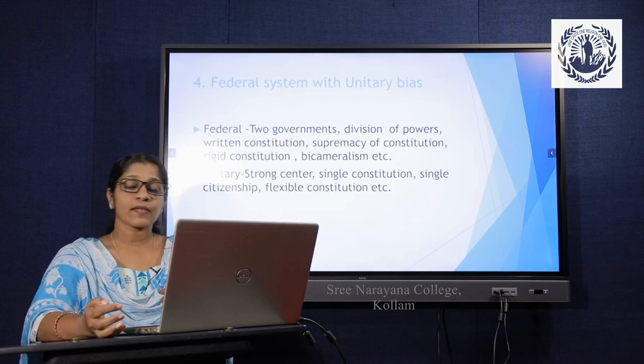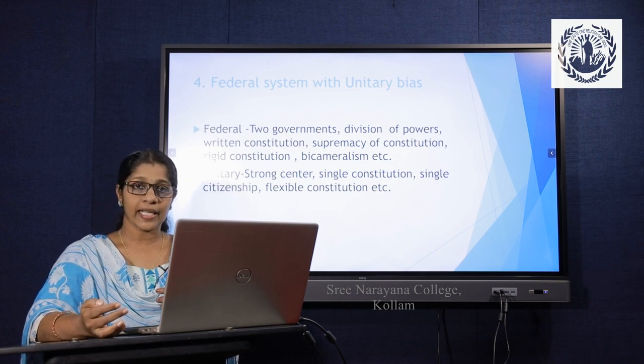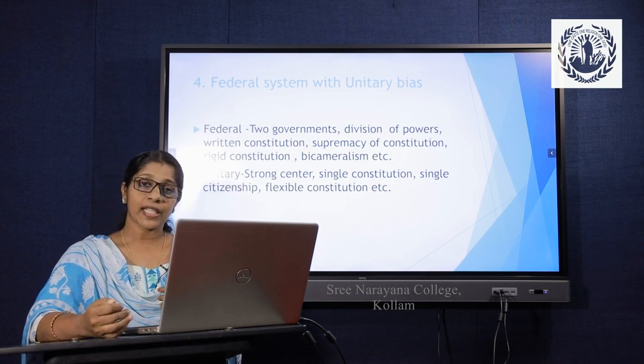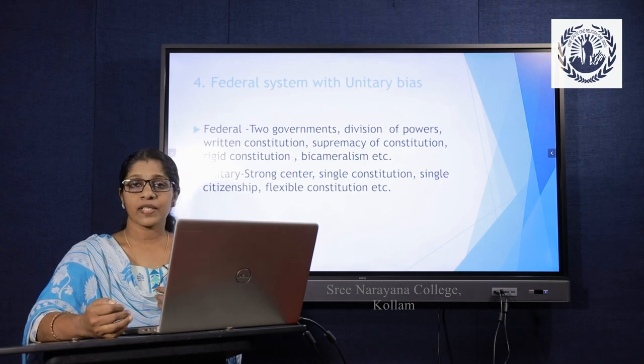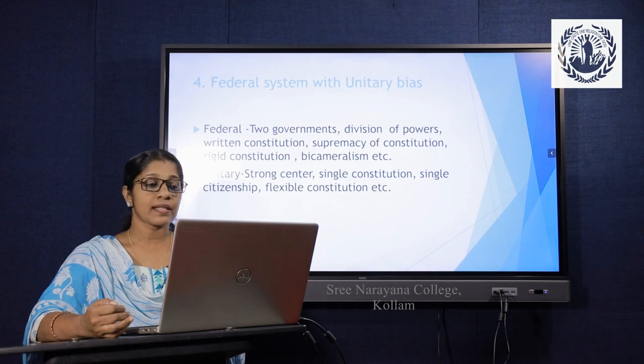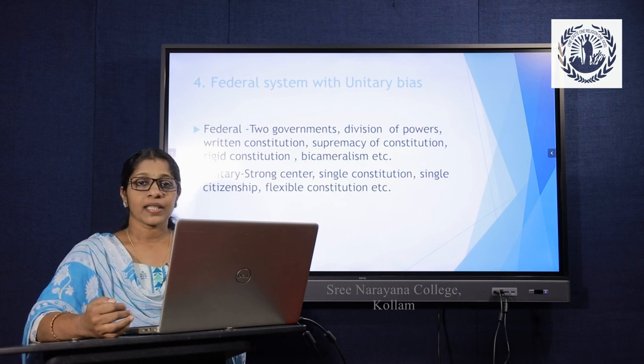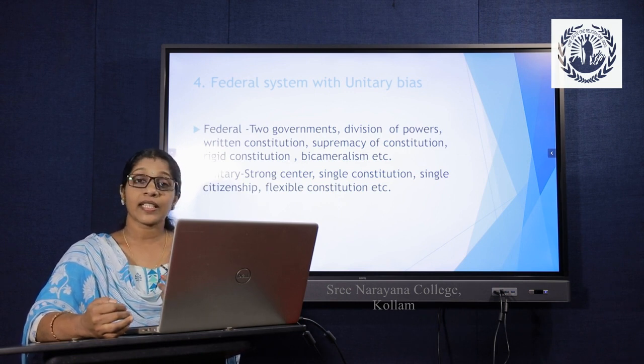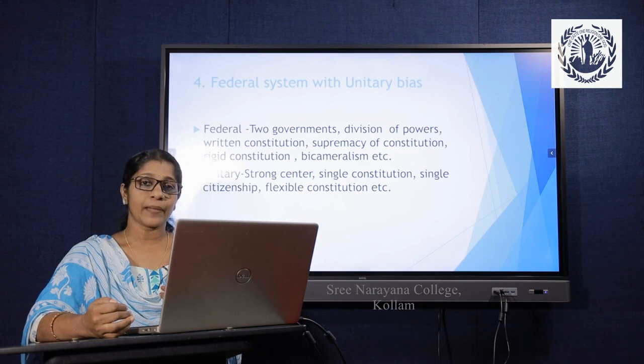And next feature is federal system with unitary bias. Indian Constitution is a federal constitution. That is, there is division and distribution of powers between union and state governments. Some of the federal features are two governments, division of powers, written constitution, supremacy of the constitution, rigid constitution, bicameralism, etc. The interesting thing is that the word federal is nowhere used in our constitution.